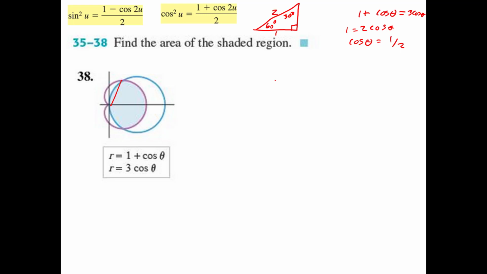This was 1, this was 2, this is the square root of 3. So we're looking at pi over 3. When theta is pi over 3, you will get to this point where both your angle and r value will be the same. So you will have the same point.